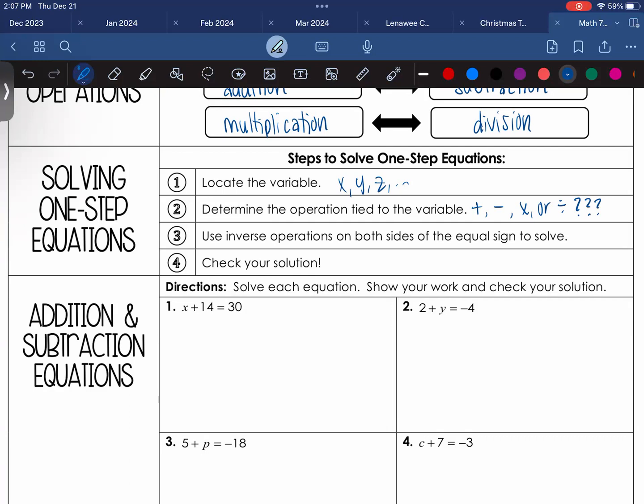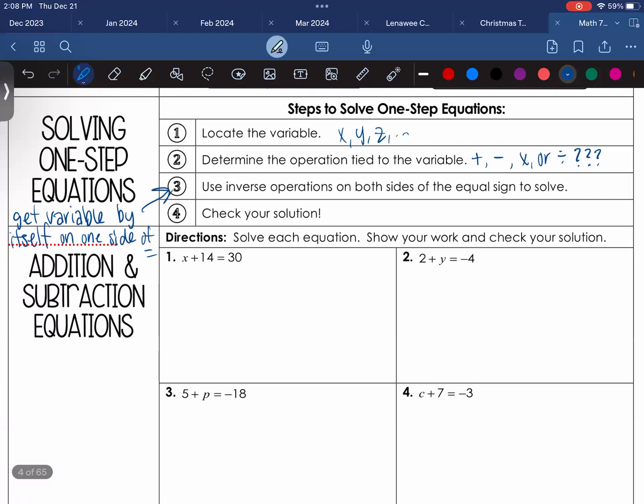And then you want to use the inverse operation of whatever is taking place so that you can solve. So you want to get the variable by itself. Write this down on one side of that equals sign. That's what step number 3 is saying, or what you get when you do step number 3.